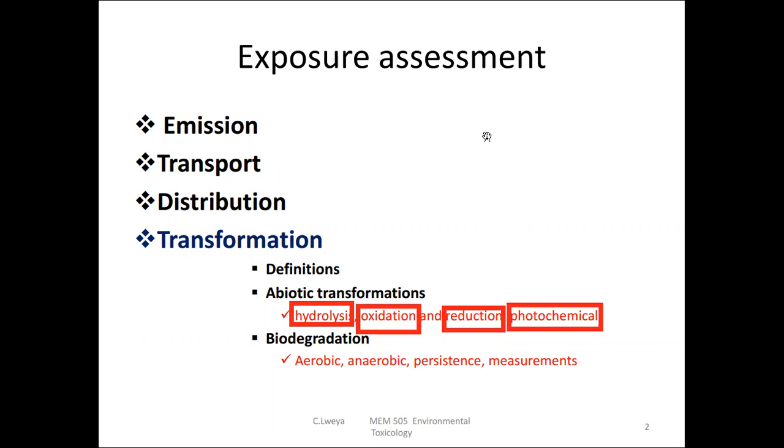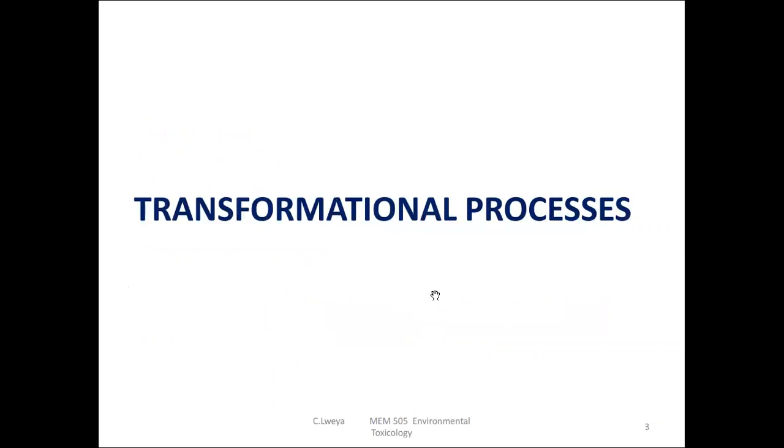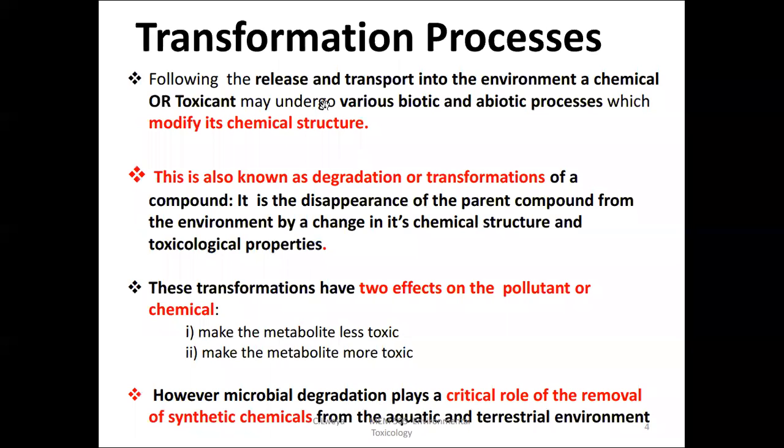Okay, so let's go now and look at these processes. By the way, let's look at some of the information they provided us. They're saying following the release and the transport of chemicals into the environment, that toxicant may undergo various biotic as well as abiotic processes.